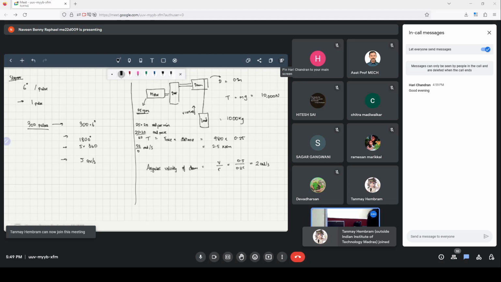So if you check the gear ratio, that will be the output by the input. I'm sorry. In the question it had said 1500 rpm, which translates to 25 revolutions per second.